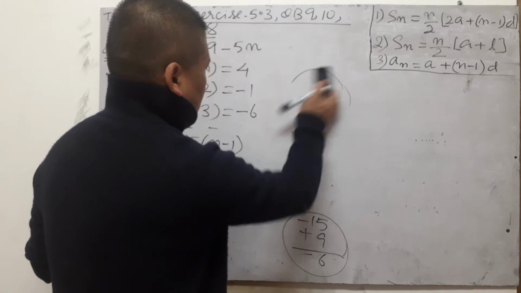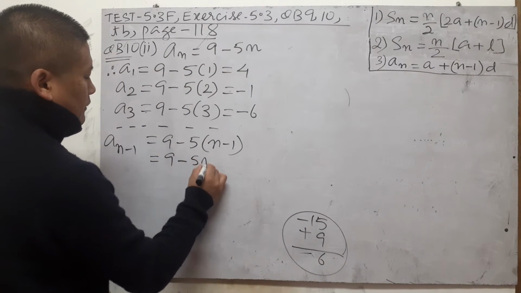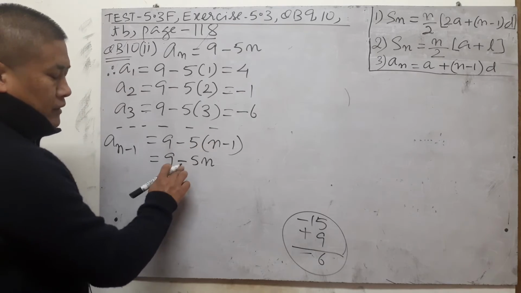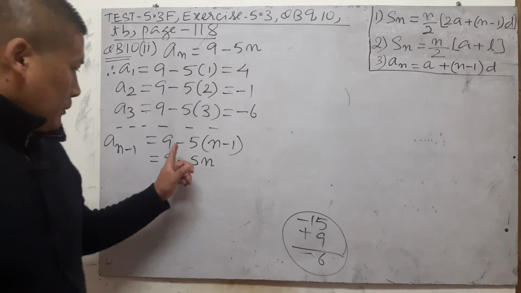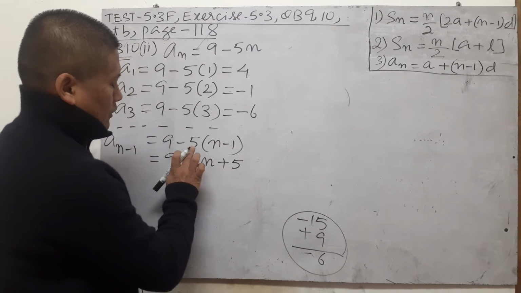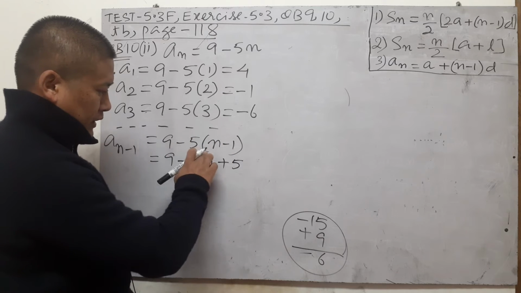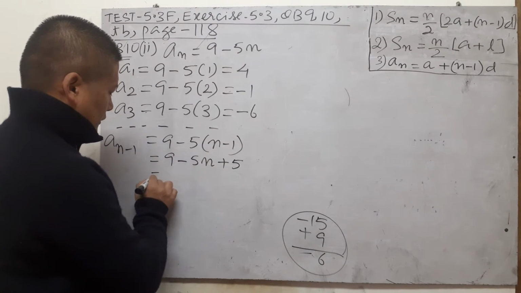It gives you 9 minus 5n, minus in the minus, plus, then 5 ones are 5. When we multiply from outside to the 2 inside terms, then the bracket is removed. So that gives you 9.